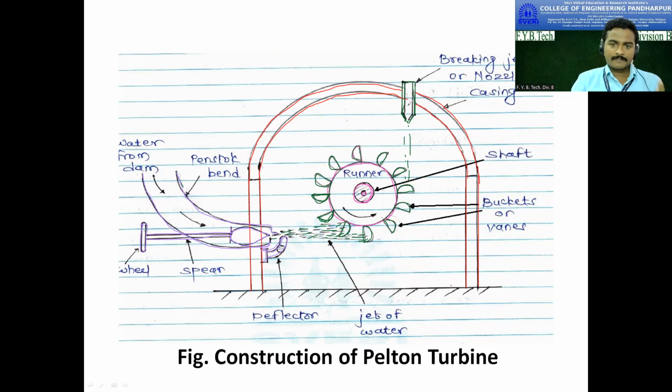At the same time, pass the water through the braking jet, and when water starts flowing through the braking jet over the buckets, steadily the turbine will come to rest. Steadily the turbine reduces its speed, and finally it comes to rest. So this way this Pelton turbine works, and we obtain the mechanical energy through this Pelton turbine. Is it clear?